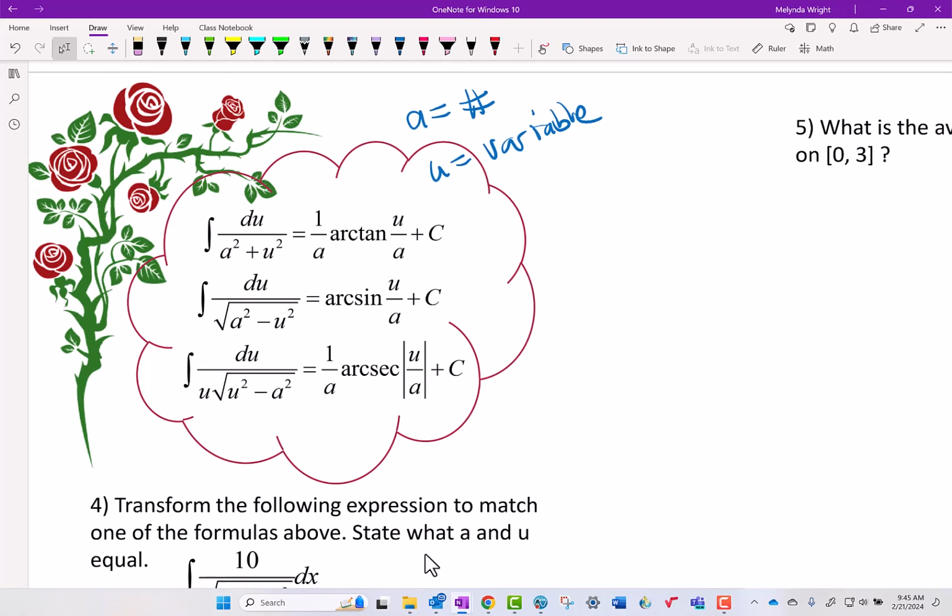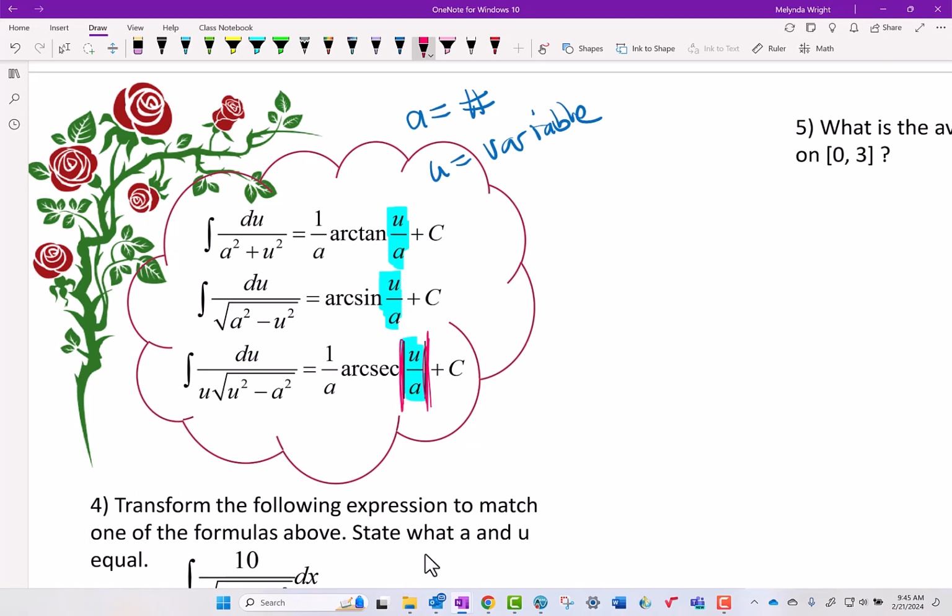I want to point out some similarities and differences between our formulas so that hopefully it might help you memorize. First of all, in every single one of them, the argument of the inverse trig is U over A. They're all the same, U over A, U over A, U over A. The only difference is that arcsecant has absolute value of U over A. Other than that, they're all identical.